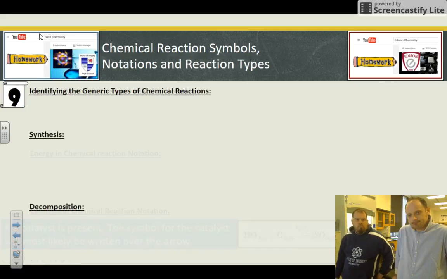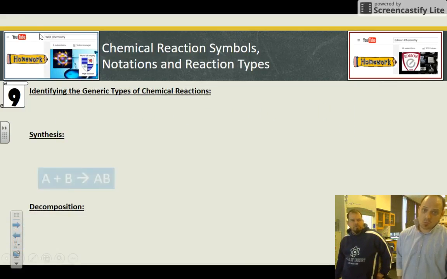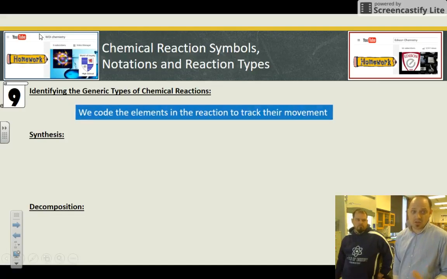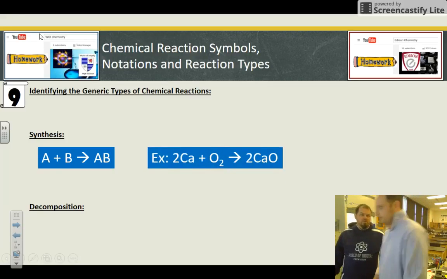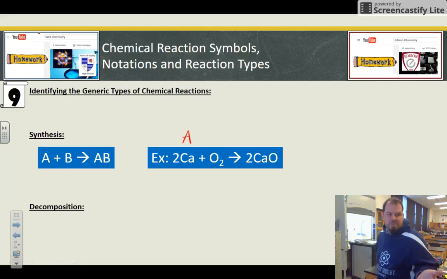Exactly. So the generic types of chemical reactions, we usually put little codes to track the movement of the elements in a reaction so that we can decide if it's a synthesis, decomposition, single replacement, or double replacement. You want to code up the first one, and then we'll just kind of get going fast through the rest. So the generic equation here is A plus B becomes AB.